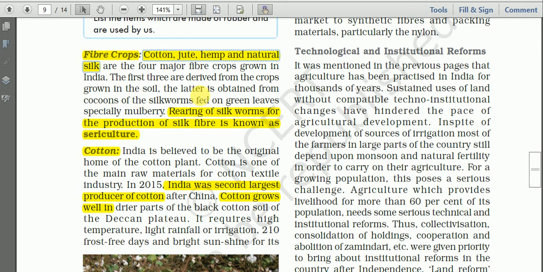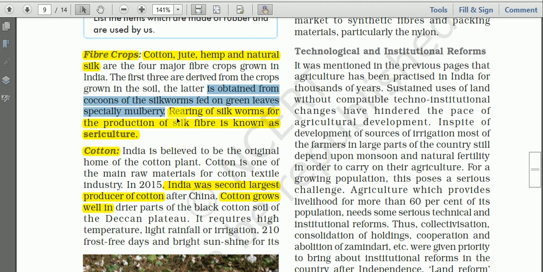Silk is obtained from the cocoons of silkworms fed on green leaves of especially mulberry. Other leaves also can be fed, but the best quality silk comes from mulberry leaves.